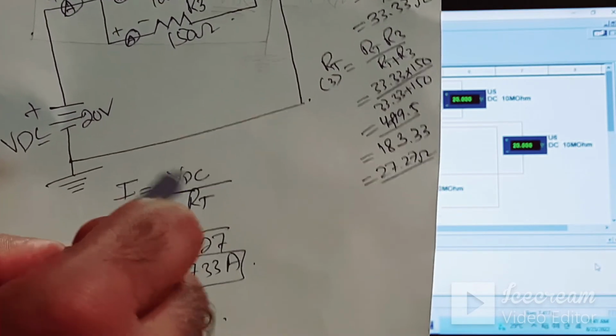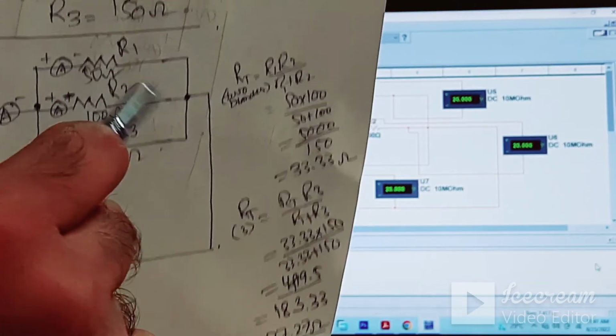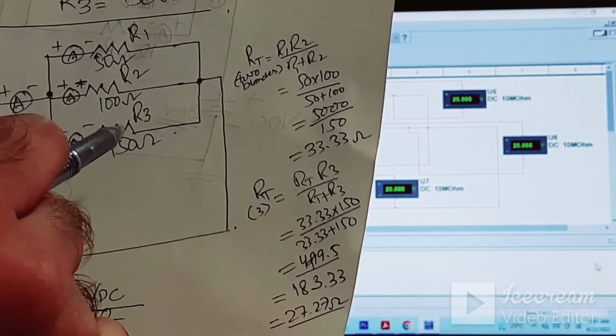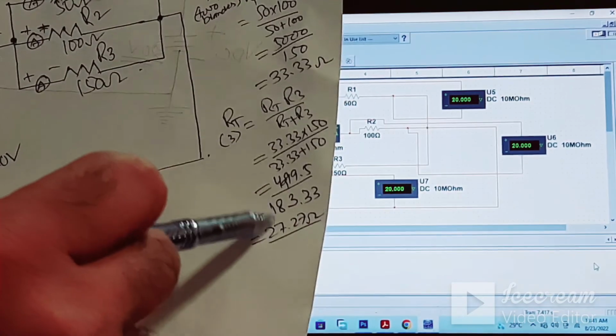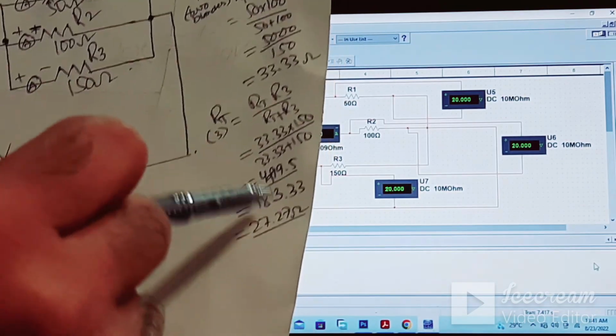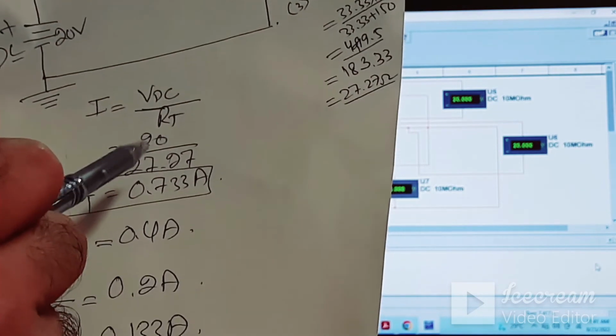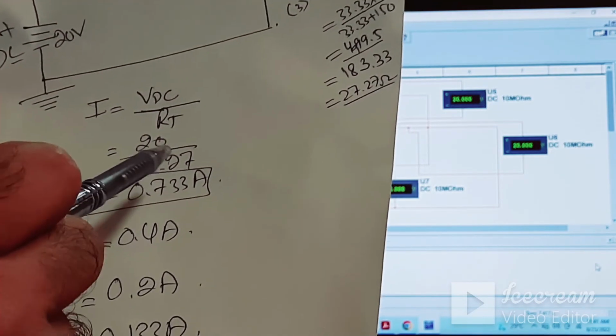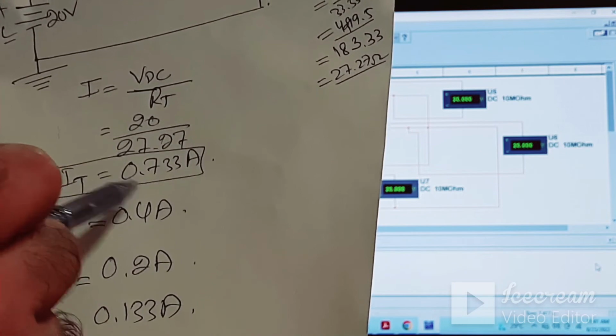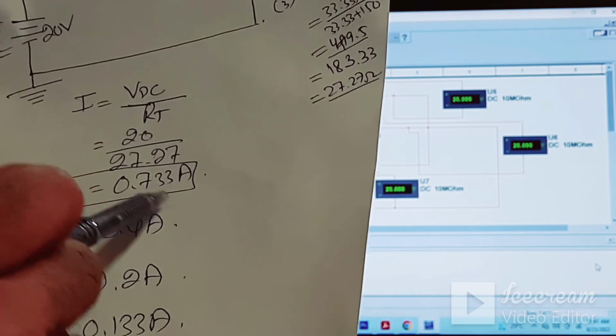So this will be VDC divided by RT. RT, the total equivalent resistance of this circuit, is 27.27 that we got through these formulas, and by dividing the voltage by the resistance, we again get 0.733 ampere, which is the total current.